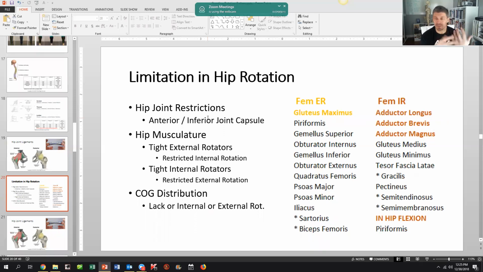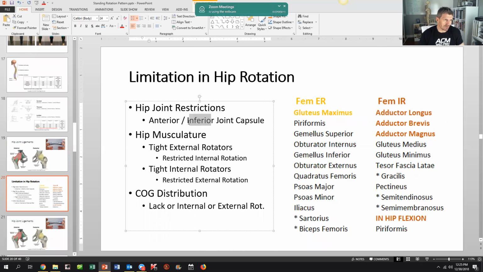Could be a hip contracture in the capsule, the ligament, but you're going to have a lot of influence from these muscles, which are responsible for internal and external rotation of the femoral head. Again, hip joint restrictions could be anterior, inferior, or posterior joint capsules. I should actually put posterior here.